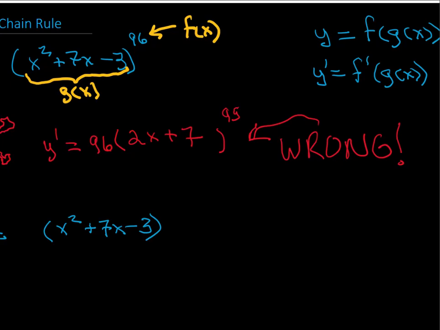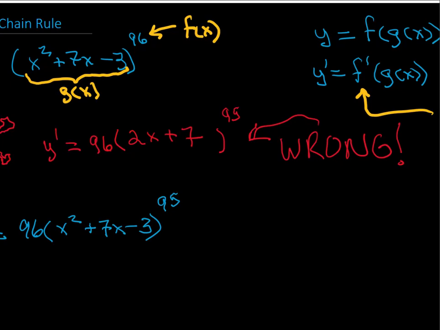Does that make sense? Now, looking at the rule outside of that, the stuff going on outside of it is the derivative of the outside function, isn't it? Well, the derivative of the outside function is going to be bring down the 96 and put your exponent of 95.